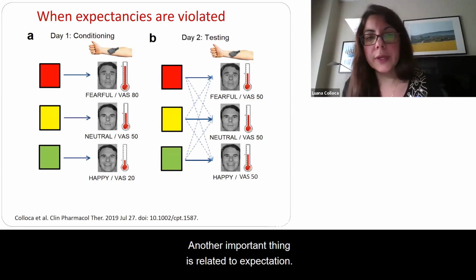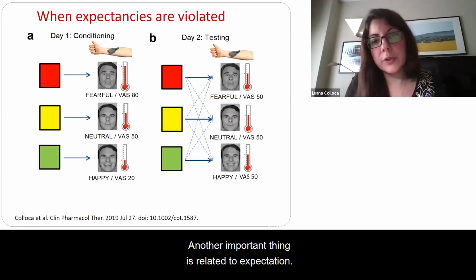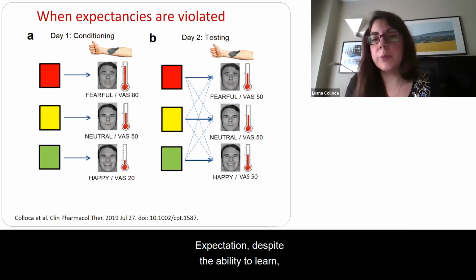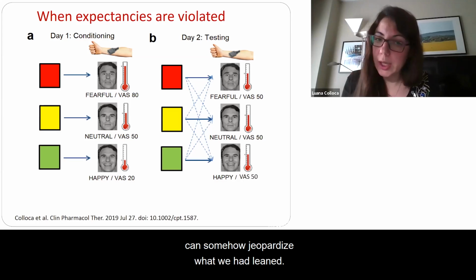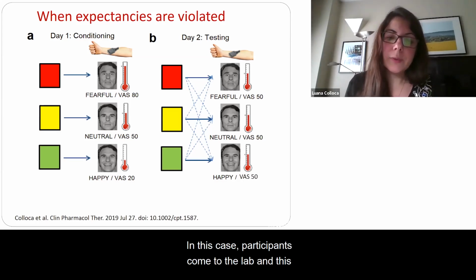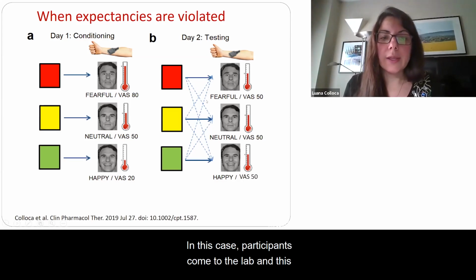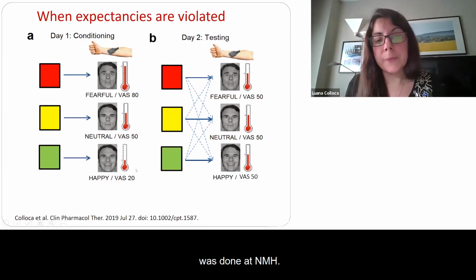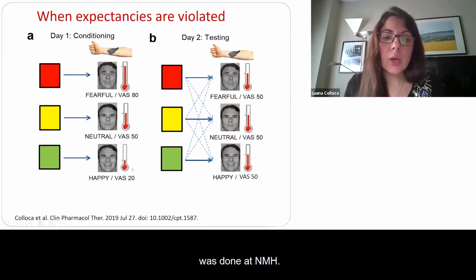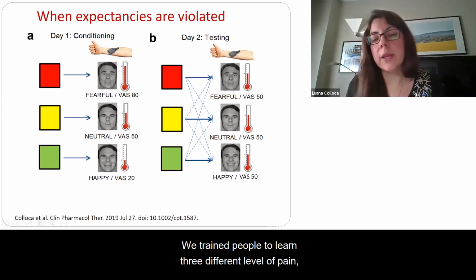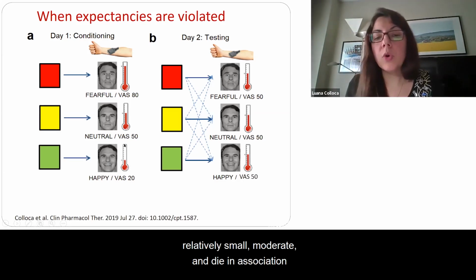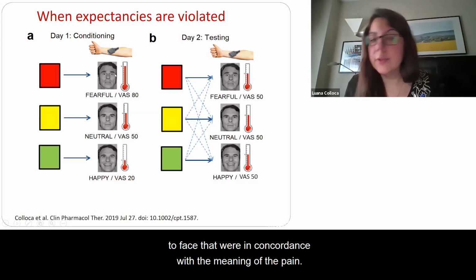Another important thing is related to expectation. Expectation, despite the ability to learn, can somehow jeopardize what we had learned. In this case, participants come to the lab, and this was done at NIH. We train people to learn 3 different levels of pain, relatively small, moderate, and high, in association to faces that were in concordance with the meaning of the pain.